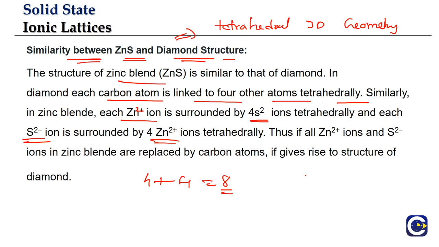And that is the reason for the high strength of diamond, which makes it a very, very strong substance. So this is about the similarity between the zinc blende and the diamond structure. Whatever we have in the zinc blende structure, just replace both cations as well as anions by carbon atoms. That is the diamond structure.